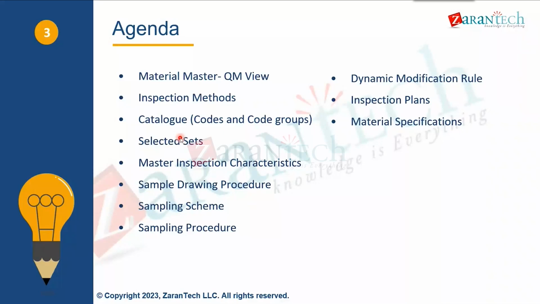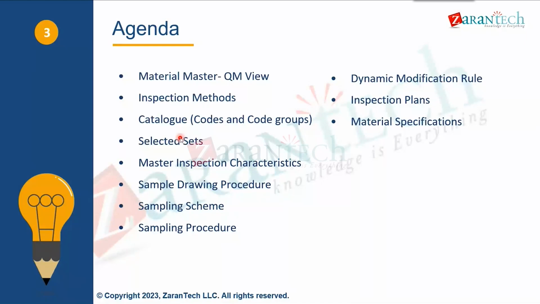What is the catalog type used for usage decision? 3 is for usage decision. What about for characteristics? 1 will be for characteristic.